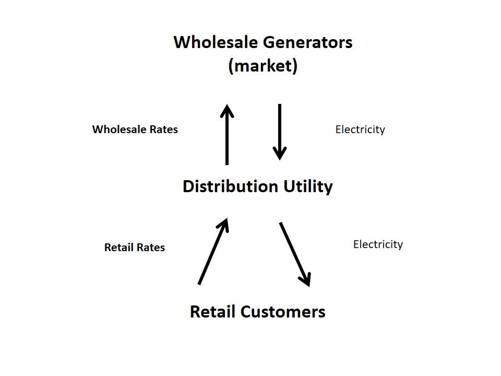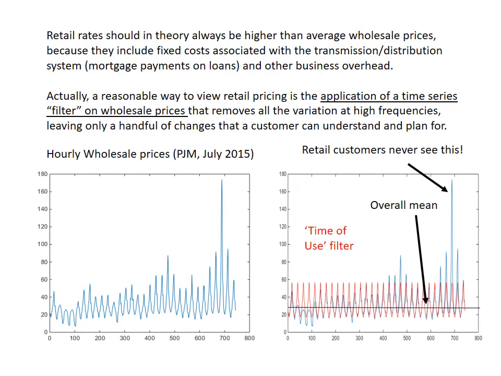And retail rates are made to be artificially stable as well. So I mentioned, retail rates should always, in theory, be higher than wholesale rates because they include the cost of transmission and distribution and other stuff as well.